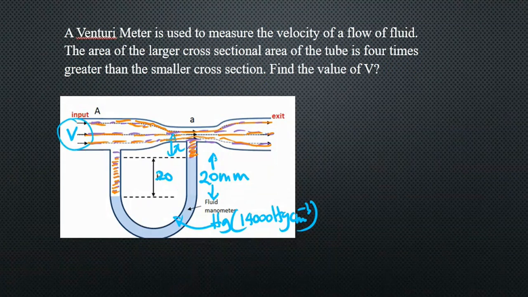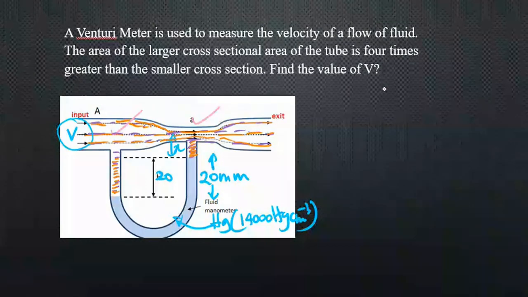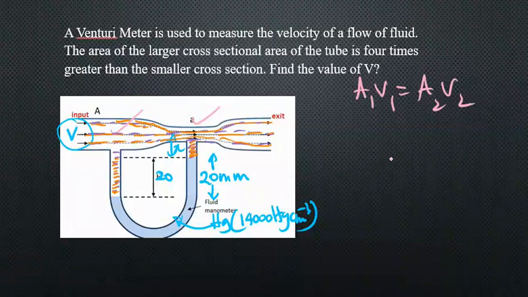To do this question, we have to apply a few equations and be very careful regarding the data that is given here. First, I need the connection between these two velocities. So I'm going to apply A1 V1 equals A2 V2, the equation of continuity, our first equation.